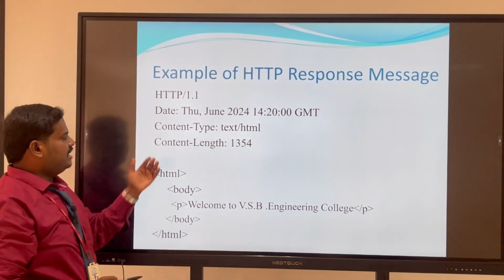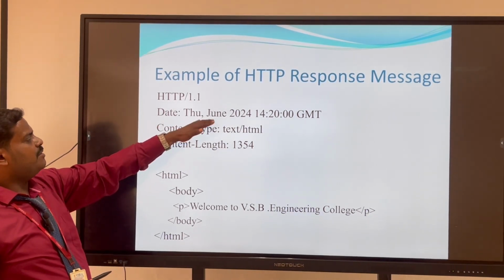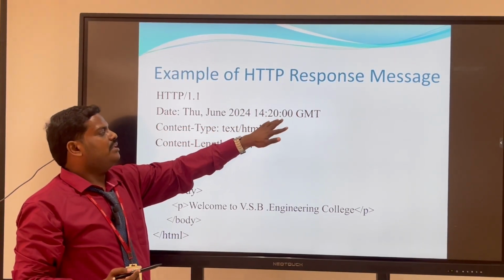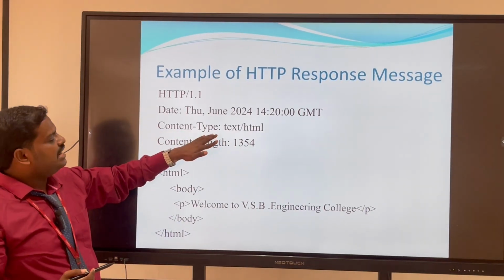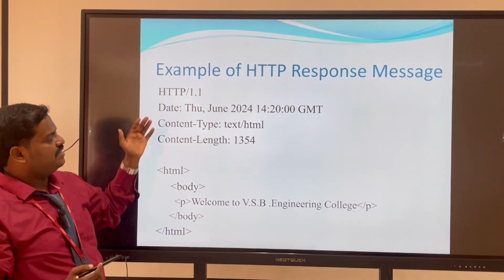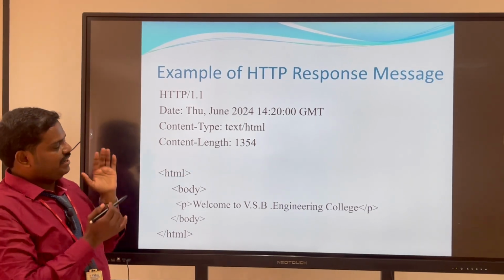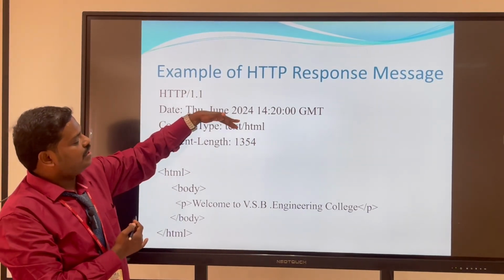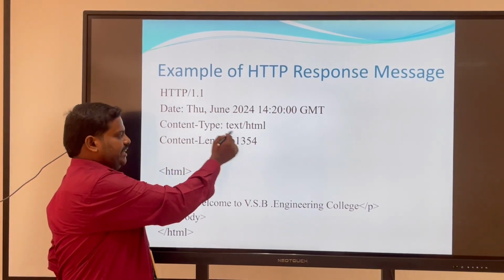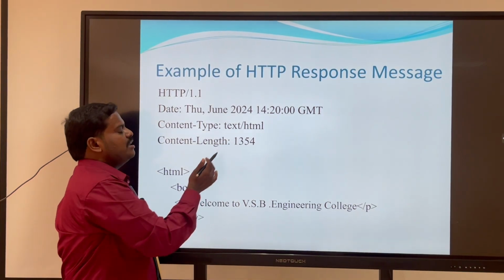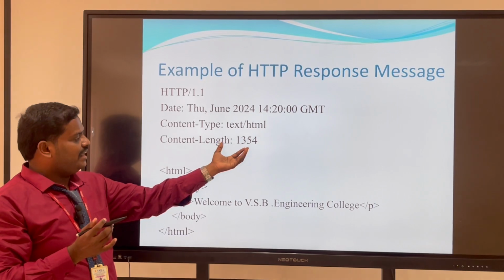Next, the date of the document, which may be Thursday, June 24, then the time. Next, the content type, text/html, the same as discussed previously. Next, the content length: the document length is 1354. It is text, so it has about 1354 bytes of content data.